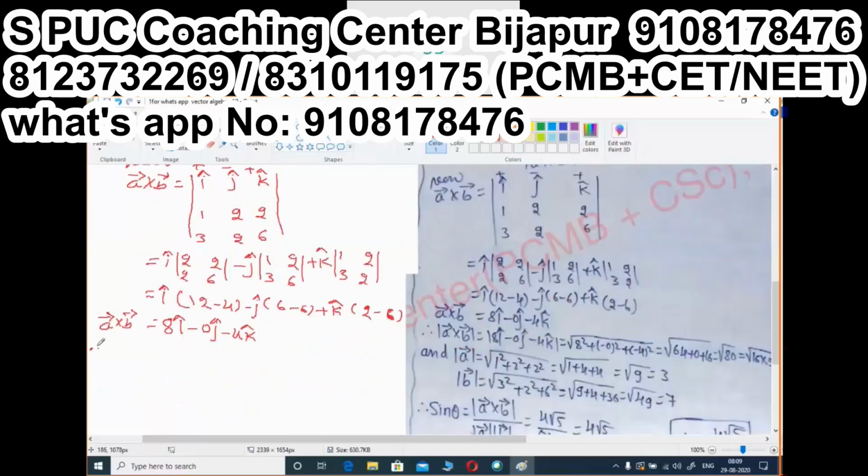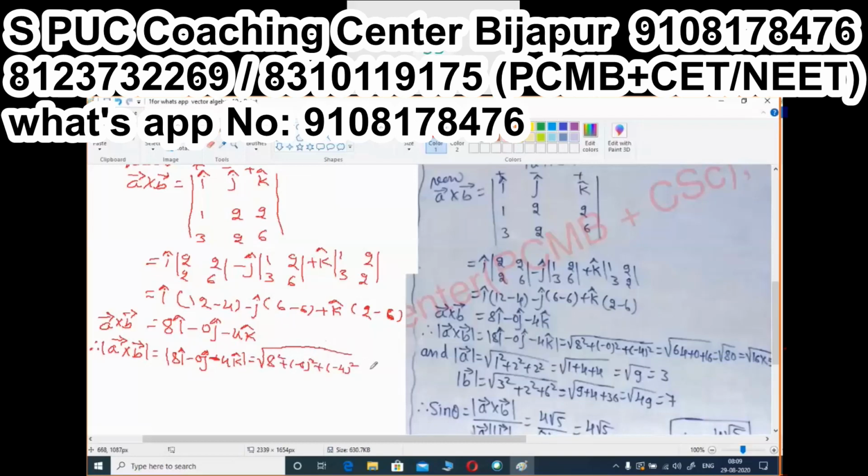Therefore modulus of a vector cross b vector is modulus of 8 i cap minus 0 j cap minus 4 k cap. So tell me the modulus of this value. Under root of 8 square, next plus minus 0 square, which is just 0, next plus minus 4 square.